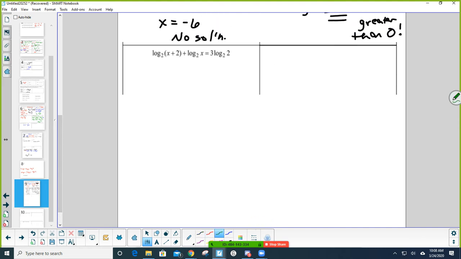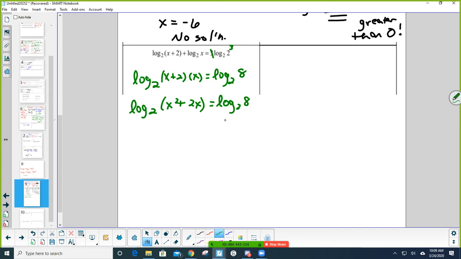On this one, I see a 3 right here, so I'm going to put it up there, and I'm going to say log base 2. I'm adding, so it's going to be x plus 2 times x equals log base 2 of 8. And I wouldn't do all these steps if I was just doing the problem. I'm just showing them to you.